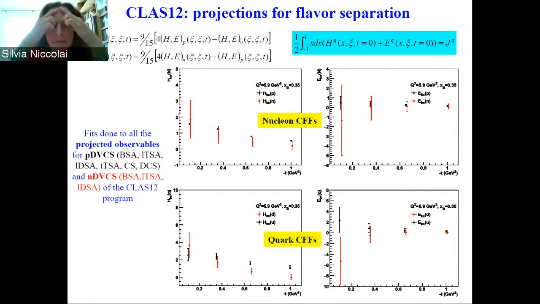Here it's just a result done with pseudo data, making projection of all the observables for PDVCS and NDVCS, and operating a fit to extract the CFF, and then a flavor separation to pass from nucleon CFF, here we have H and E, to quark CFF. So basically the purpose here is to show that the completion of the P and NDVCS CLAS12 program can help to get closer to the GSUM rule in a flavor separated way.